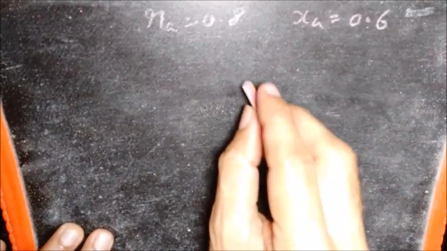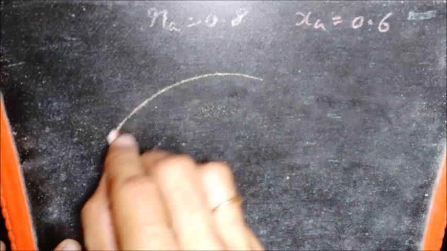Now we take the Smith chart. Before I take the actual Smith chart, I will just show how we do it on the Smith chart. We take the Smith chart.